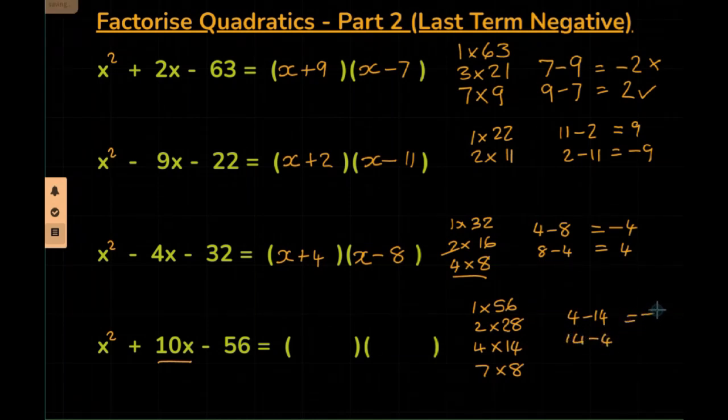Well, the top one gives minus 10 and the bottom one gives plus 10. I want plus 10, so this is the one I want. I want the x with a plus 14 and an x with a minus 4. 14 times minus 4 is minus 56, and 14 minus 4 is plus 10. So we've got that right.